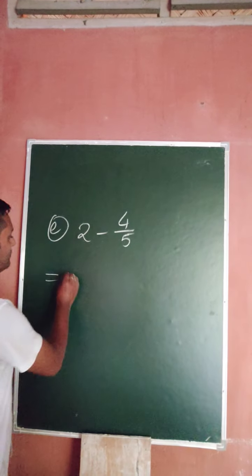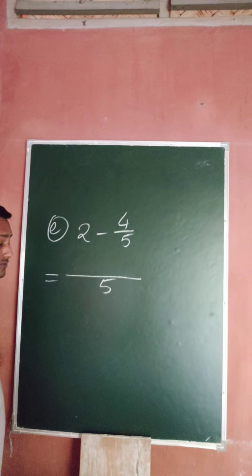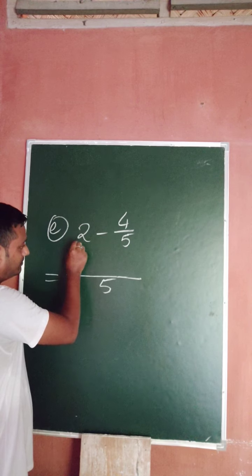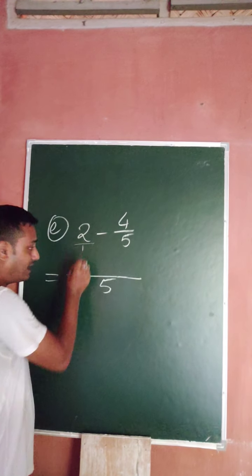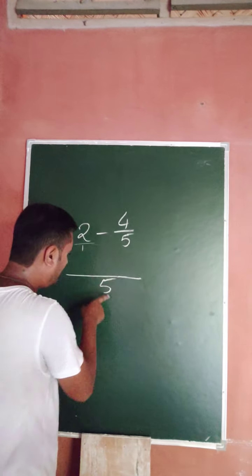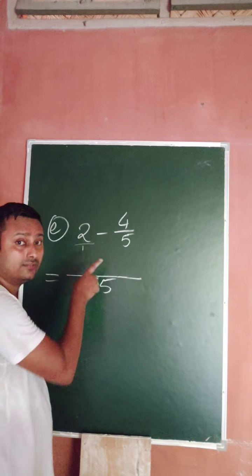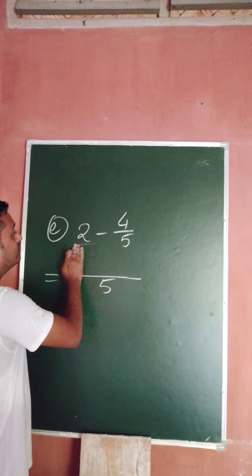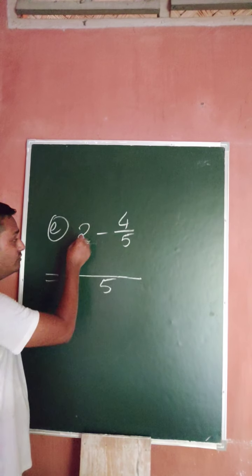That means the LCM is 5. Clear? So now the denominator is 1. That is why you have to divide 5 by 1. 5 divided by 1 becomes 5, and that 5 you have to multiply with the numerator, which is 2.